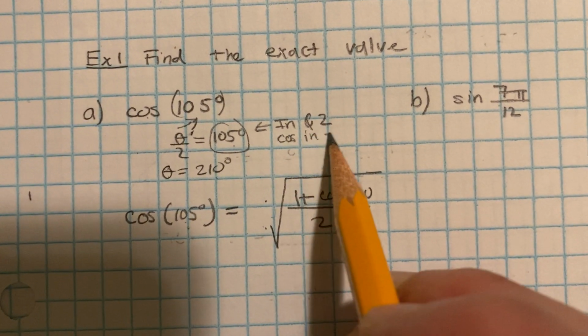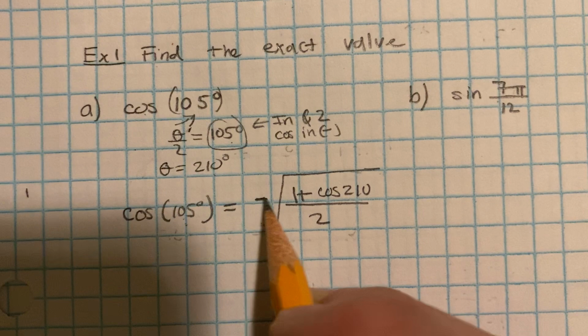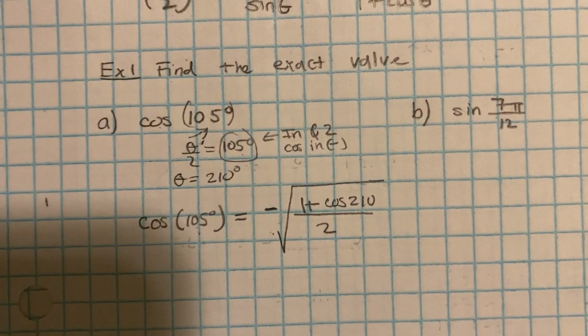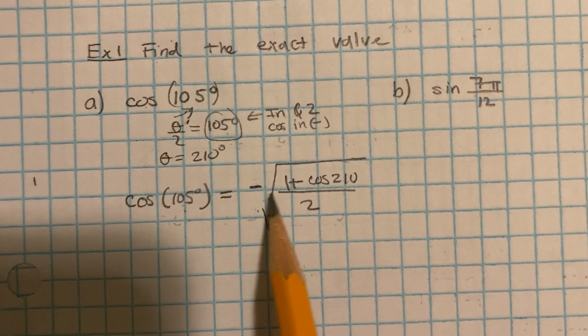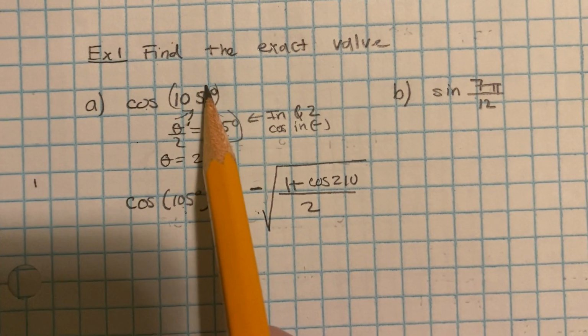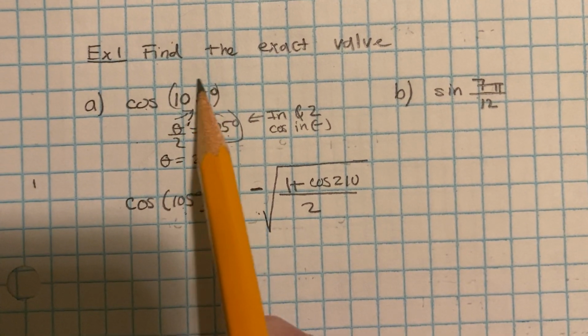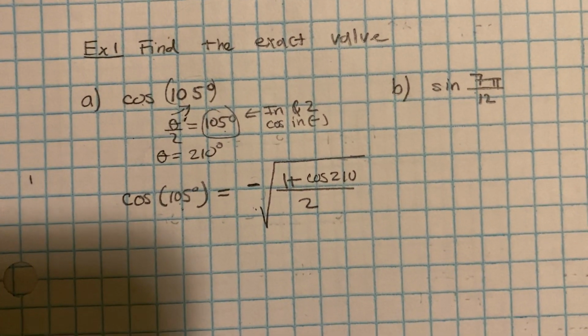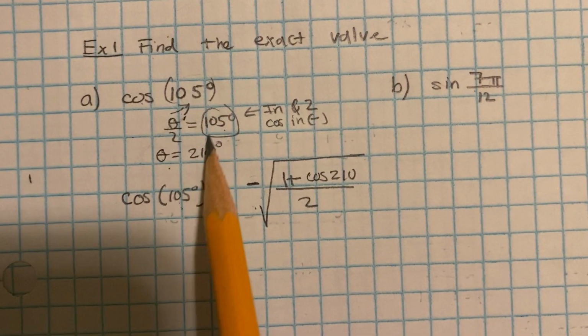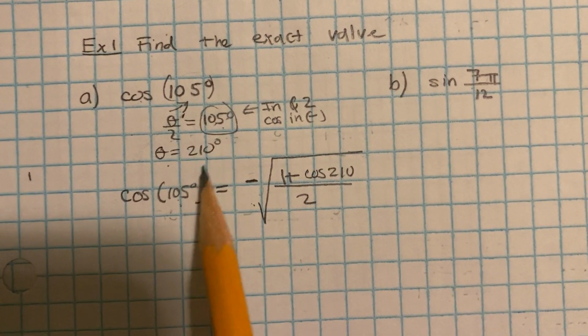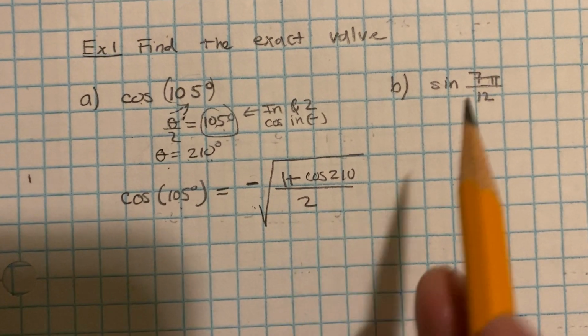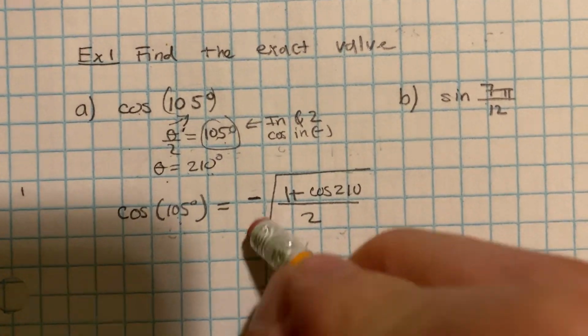Cosine is negative in quadrant 2. So hence, I stick a negative there, okay? So really, the sign over here is dependent on which quadrant your initial angle is in. And your initial angle is just theta over 2. Theta is basically double, multiply both sides by 2. Theta is 210.